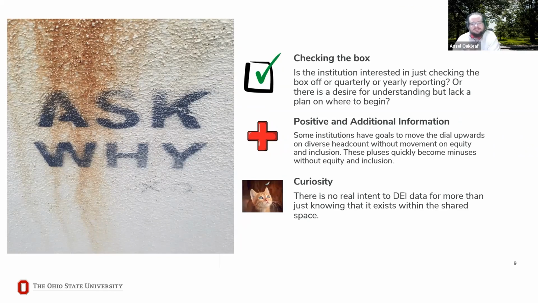So I'm going to spend a few more slides on the purpose and the whys of what we're doing. Some institutions just want that checkbox. They want to say, hey, we're counting our diversity, boom, we're good. They look at it once a year and never look at it again. There are some where they want positive and additional information, but again it's that idea of looking at it once a year.